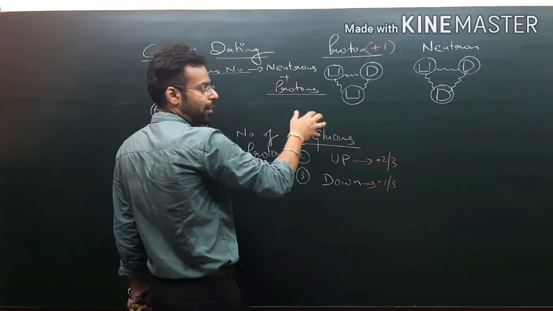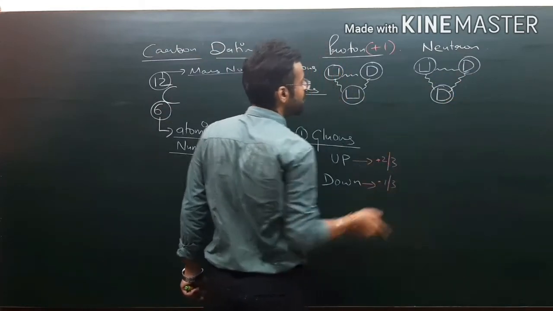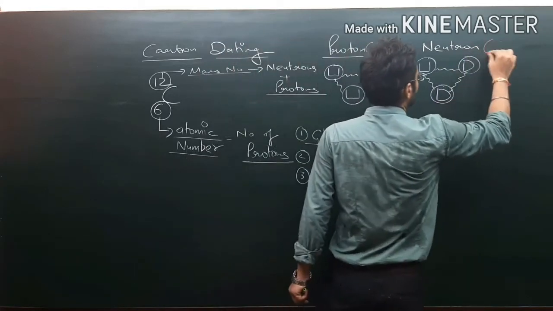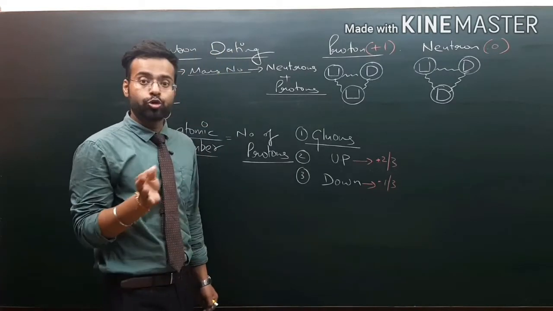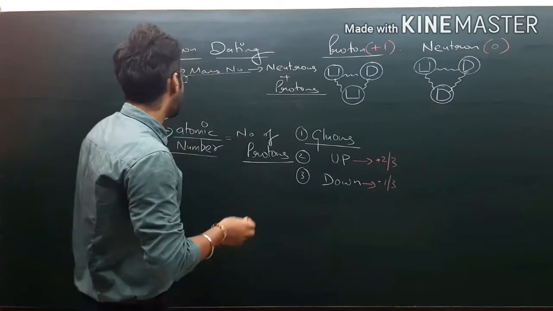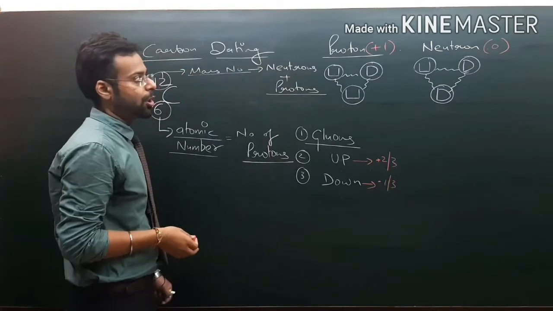So positive 2/3 is cancelled by minus 1/3 and minus 1/3. Hence, the total charge on a neutron is 0. So a neutron is neutral, has 0 charge. That's why it is known as a neutron. So mass number is the number of neutrons plus the number of protons.